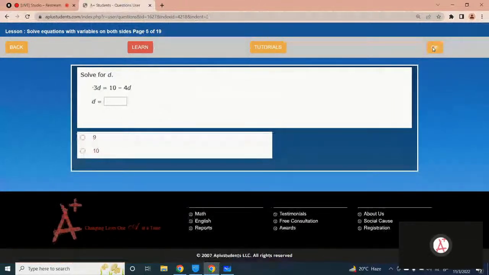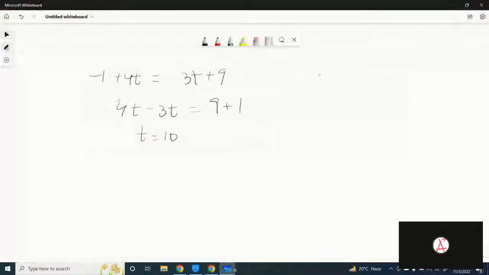Okay, negative 3d equals 10 minus 4d. So the correct option is, so it would be negative 3d equals 10 minus 4d. Let's just do it on board. Negative 3d equals 10 minus 4d.